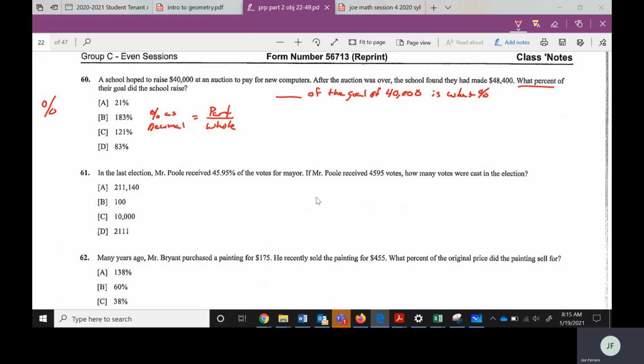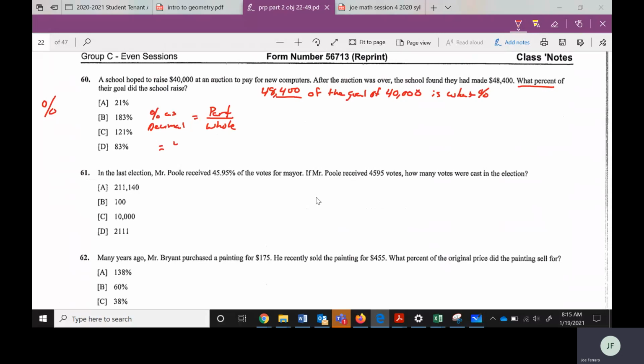Okay, so when you write it like this, if they only made 20,000 of the $40,000 goal, that would be 50%. It would be half of it. But they made 48,400 of that goal. Either way, the goal was the 40,000, and that's after the word of. So that would be the whole.